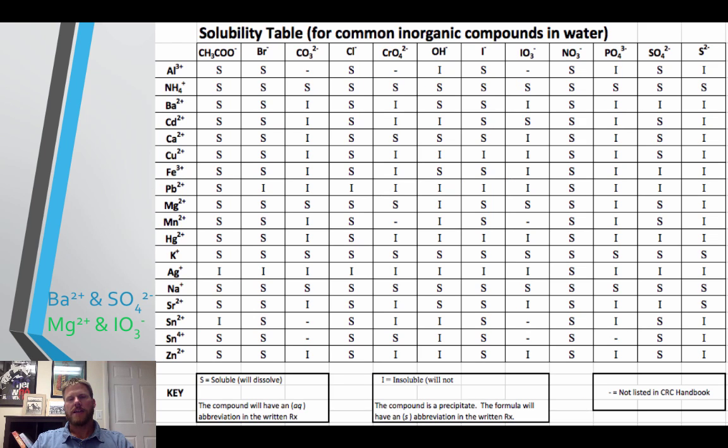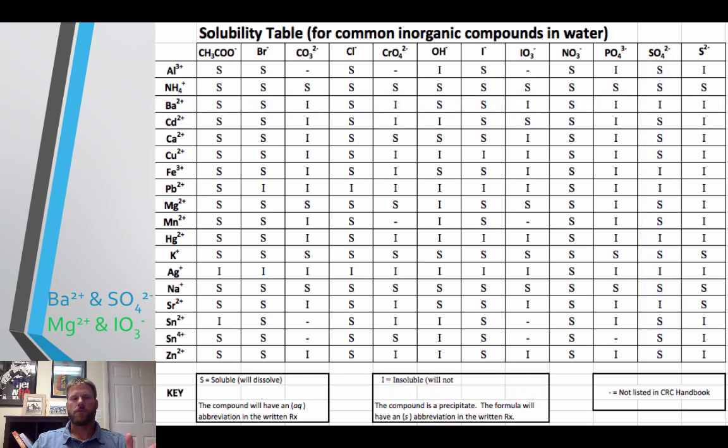So let's look at the solubility table and see whether the combination of those two will form a precipitate or not. So we look up the barium ions and the sulfate ions, and we can see there's an I in the box, which means that product would be insoluble. It would form a precipitate. That's going to be the solid that forms when these are mixed.